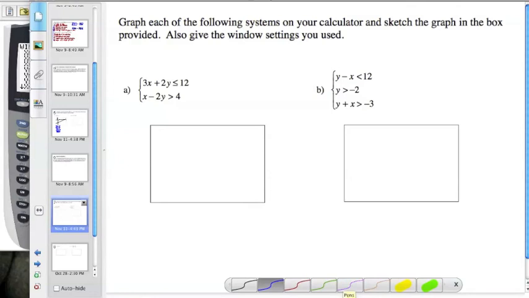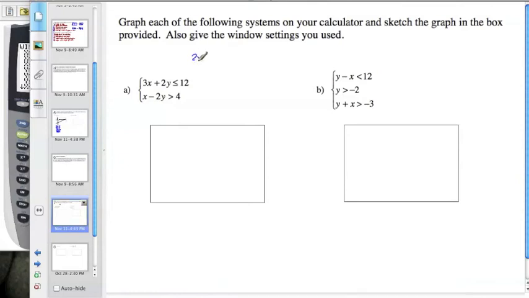I'm first going to change them to y equals form, because that's what I need to do. So I got 2y equals -3x plus 12. So y equals -3/2 x plus 6. So that's going to be my one equation.